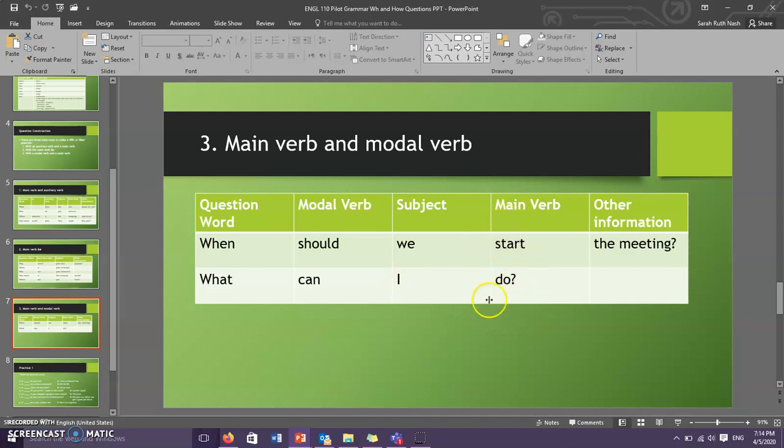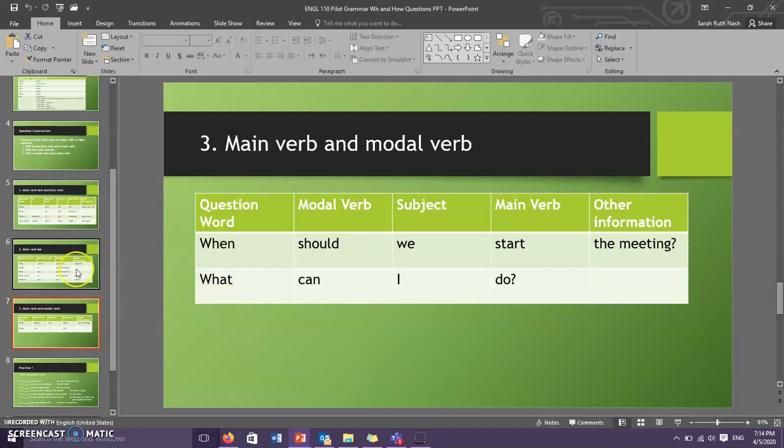And you can see here, this could be an action verb, or it could be a linking verb. So when should we start the meeting? What can I do? So we use the modal verb to ask questions as well, but we still need this question word here at the beginning.